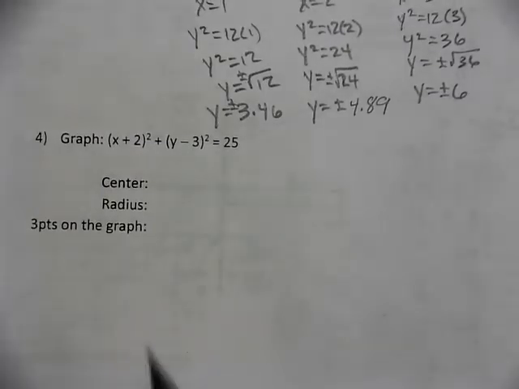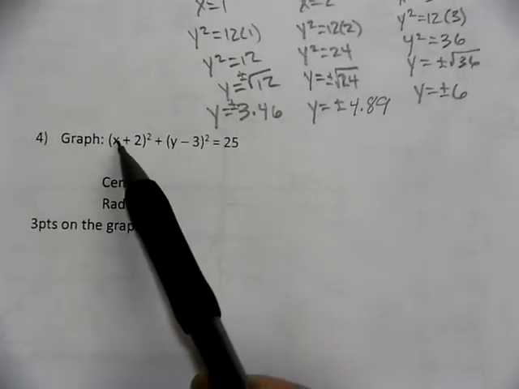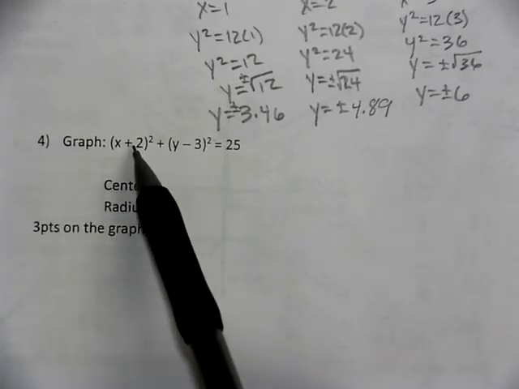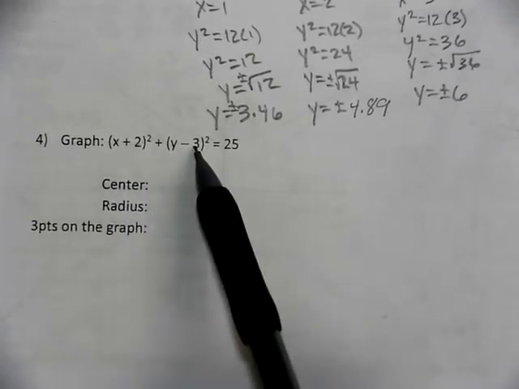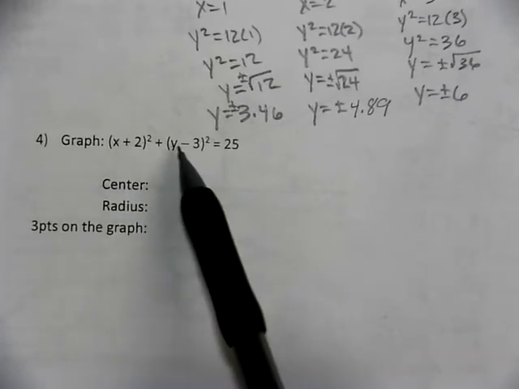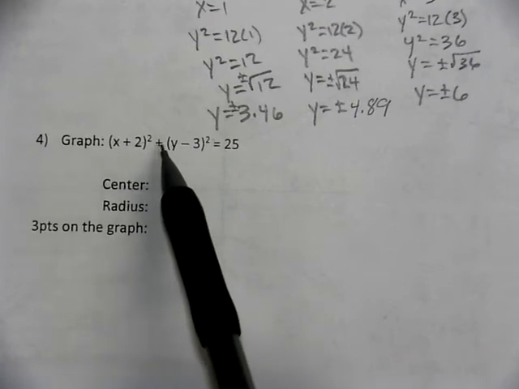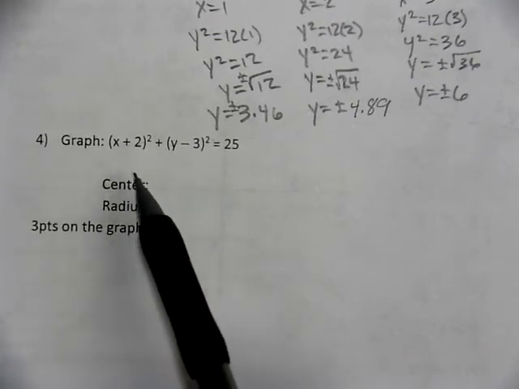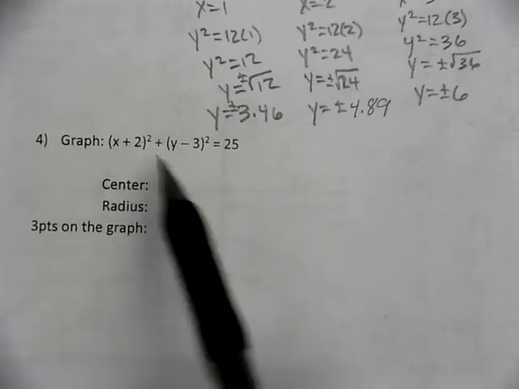Looking at our next equation, we see that we have both the x and the y that are squared. It looks like there's an h and a k, so we know that there's a translation. It's a plus, so it's either one of two types of graphs. It's either a circle or an ellipse.